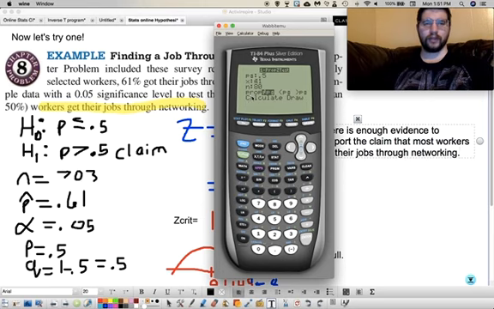X, well, we have to multiply P hat times N to find out what X is. 703 times 0.61. And N, it might give us an error here, by the way, is 703. And we want a right tail.